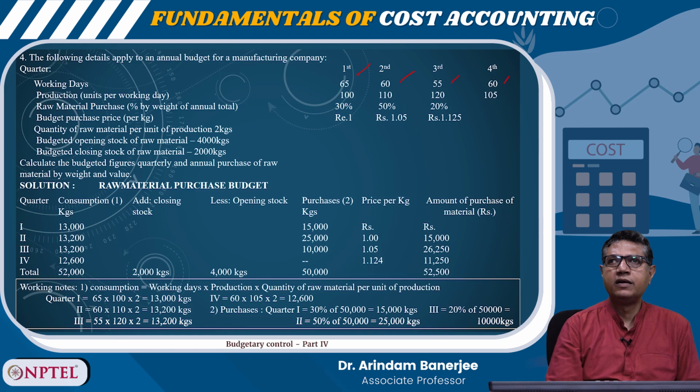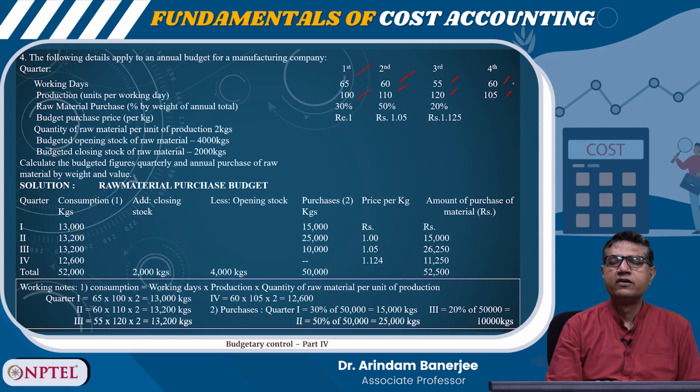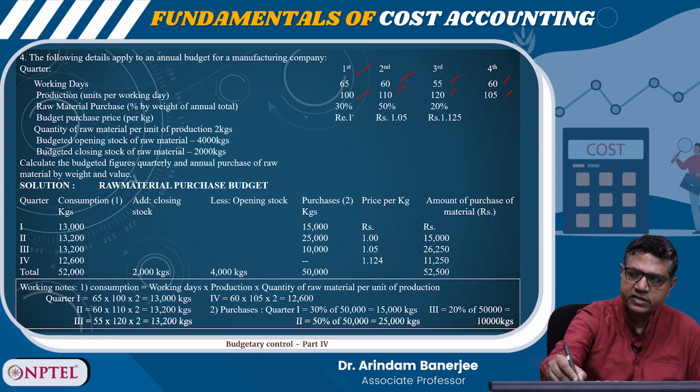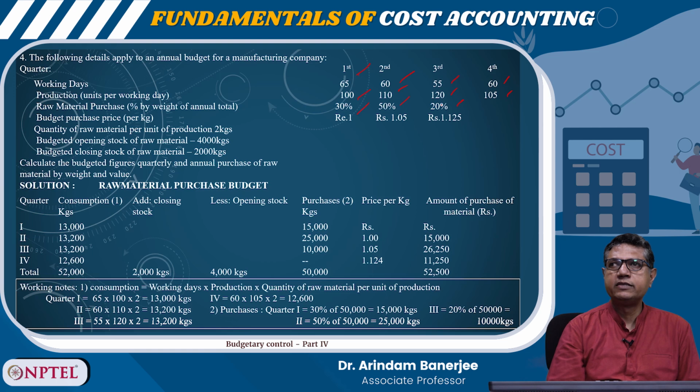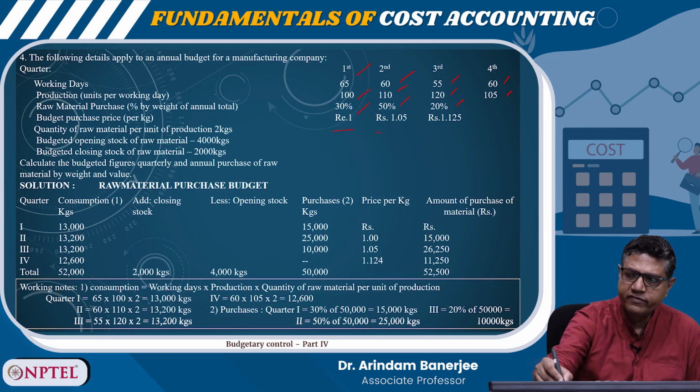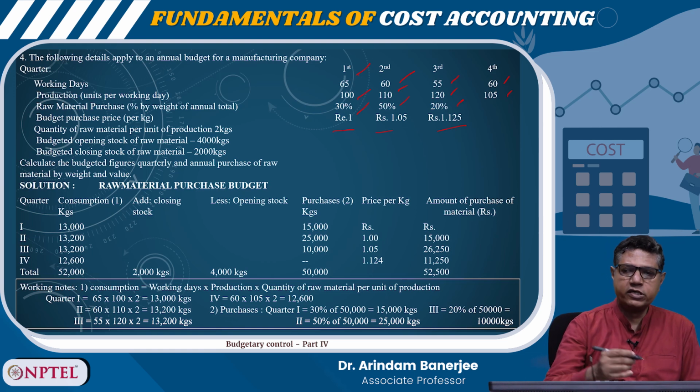Production units per working day 100, 110, 120 and 105. Raw material purchase percentage by weight of annual total 30%, 50% and 20%. Budget purchase price 1.05 and 1.125. Quantity of raw material per unit for production 2 kgs.